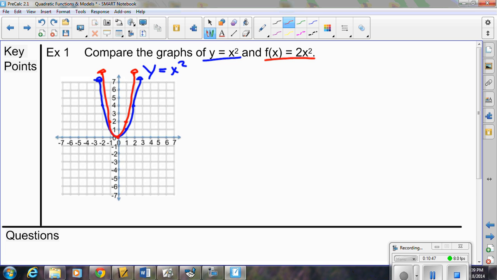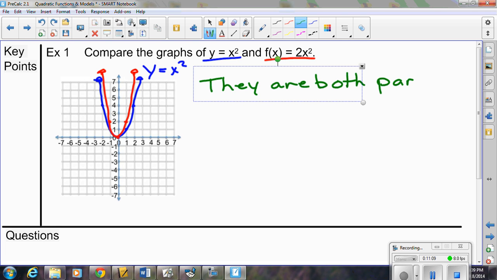Directions didn't say graph, they said compare. So how are they alike? How are they different? Let's compare and contrast them. What are some characteristics that these two parabolas have in common? How about the obvious one? They're both parabolas. That's kind of the easy one. And we could elaborate further, they open upward.